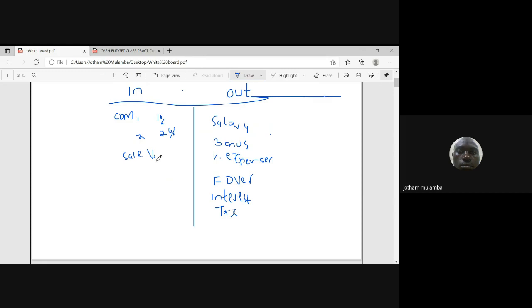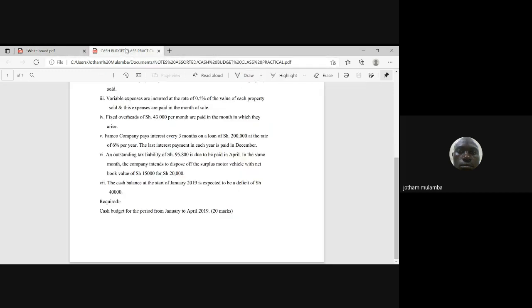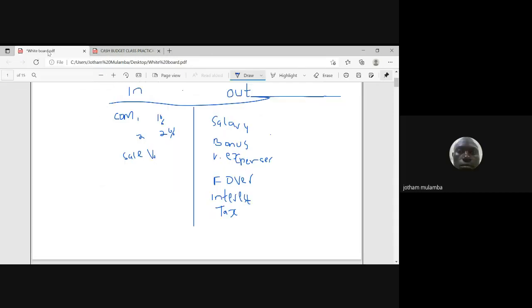We move on. The next one. The cash balance at the start of January 2019 is expected to be a deficit of 40,000 shillings. So cash balance, that's what you have. So that's money in.